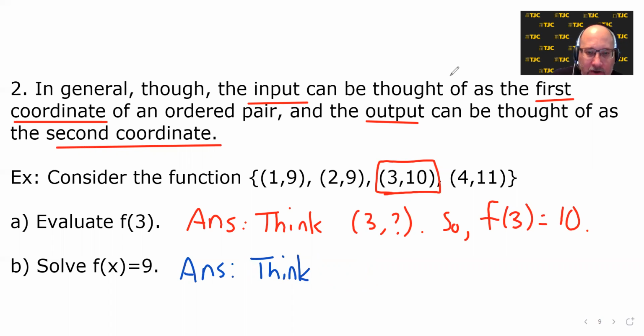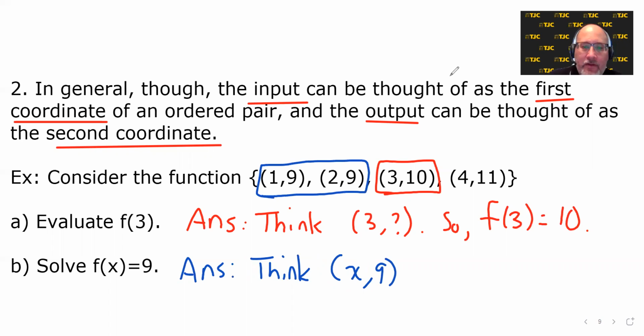So we're thinking something goes in and 9 comes out, and we look for any ordered pairs that have 9 as the second coordinate. Well, notice there's 2 of them. Since there's 2 of them, this means that x is equal to 1 and x is equal to 2, because both of those are ordered pairs that have an output of 9, a second coordinate of 9.